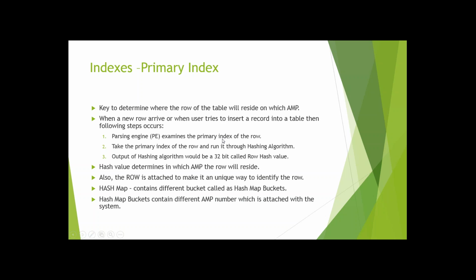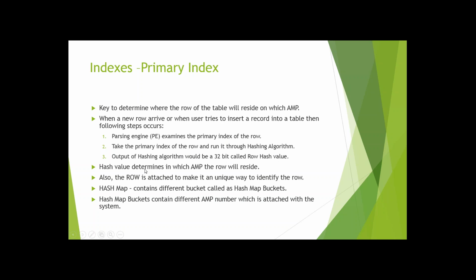In this case, in the SQL, primary index is employee number, and we have given 3. So it takes the primary index value 3, runs it through the hashing algorithm. The output would be a 32-bit value called row hash value. Let's say that this value 3, employee number 3, which is the primary index, goes through the hashing algorithm, and then you get a 32-bit value, also called as row hash value.